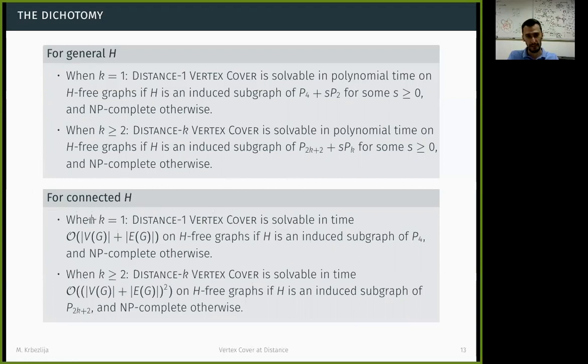The only difference is that the time in the connected case does not depend on k, whereas the time in general depends on both s and k. Now, a similar approach can be used to solve other distance variants of domination and covering problems, which will be included in my master's thesis.